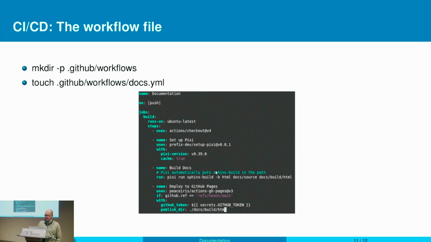So Pixi automatically puts Sphinx build in the path. If you saw, I was always using make html to generate the documentation, but you can also run it in this way. Pixi runs sphinx-build -b html docs/source docs/build/html, and then deploys to GitHub Pages.